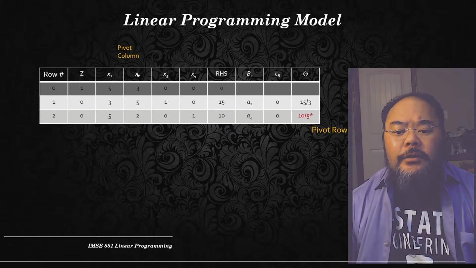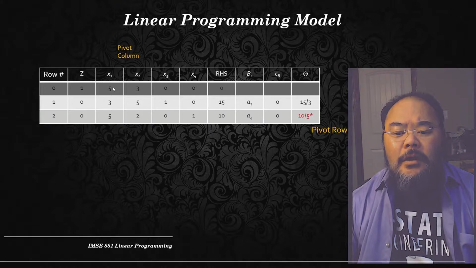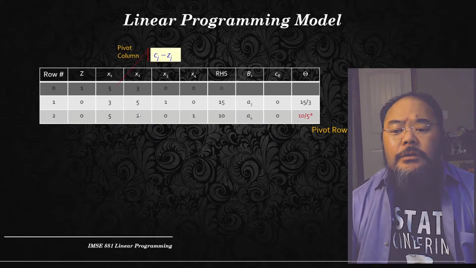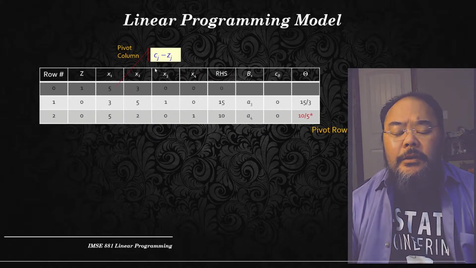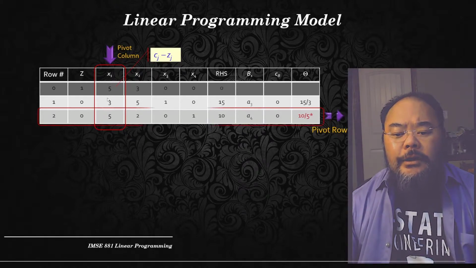For this, we choose a pivot column, which is the maximizer of the positive portion. Here we call it zj minus cj, and the column with the maximum positive value is chosen, so we choose x1 as entering.